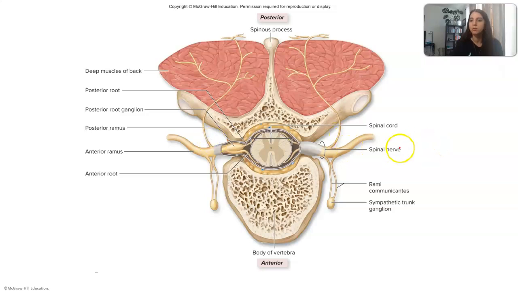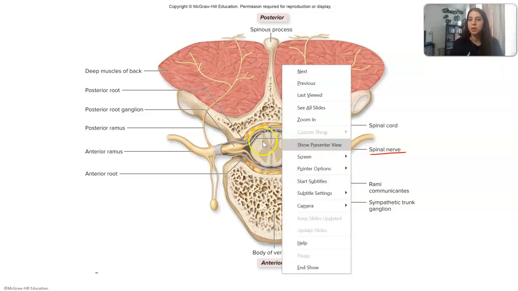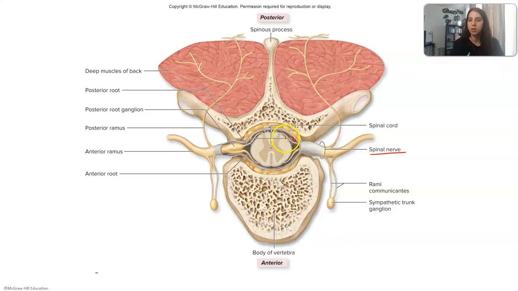Now, what I want you to realize about the spinal nerve is that it contains many axons of both motor and sensory neurons. So we have little tiny rootlets that merge into roots that emerge from the spinal cord, either anteriorly or posteriorly.